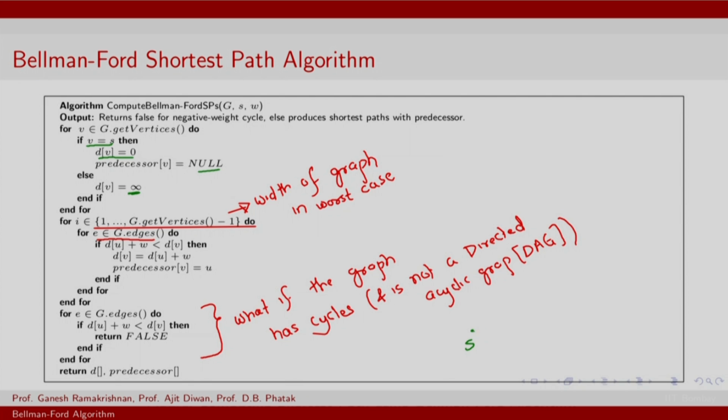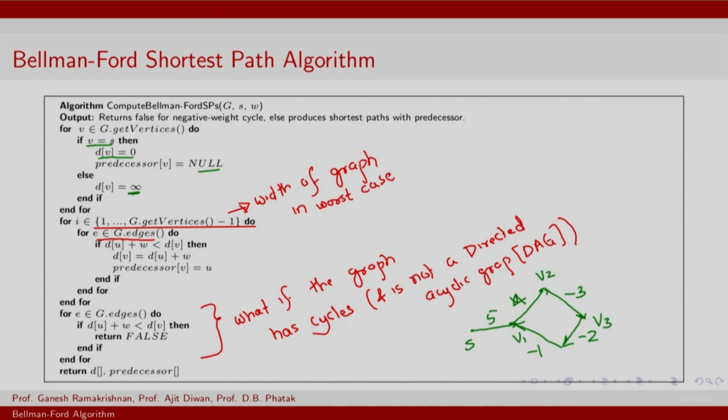So we have S to V1, let us say this is weight 5, this is say 4 to V2, V3 minus 3. We already pointed out that negative weighted edges are possible, and say minus 2, minus 1.